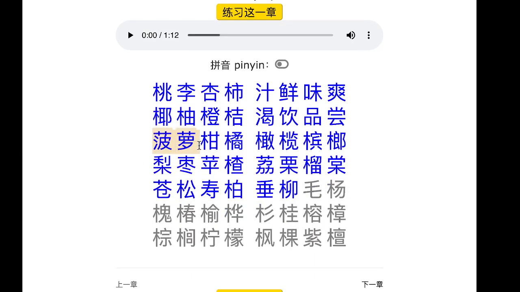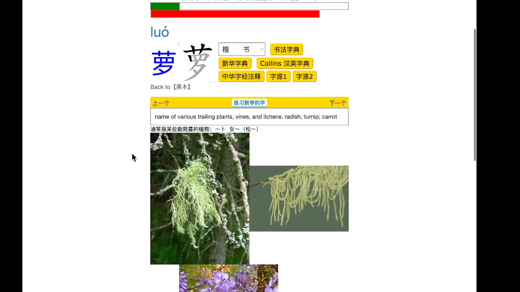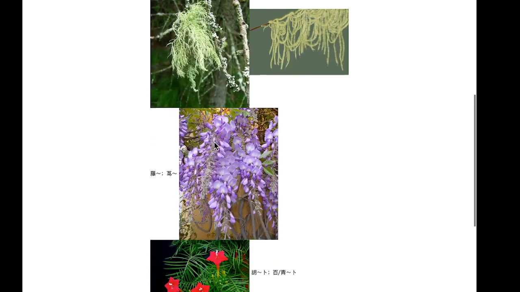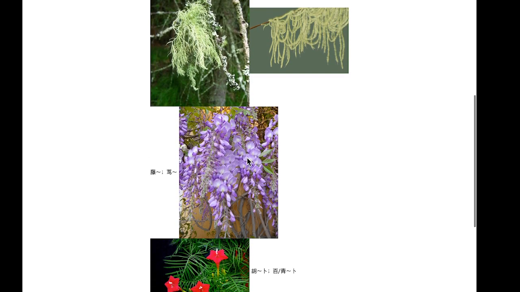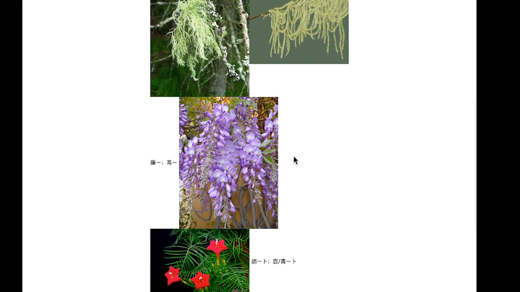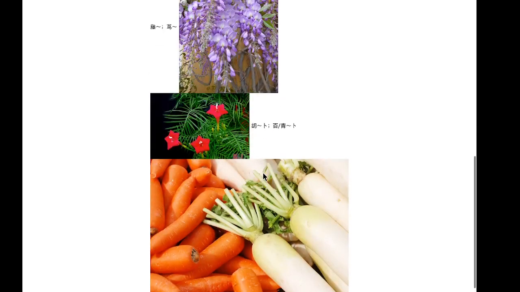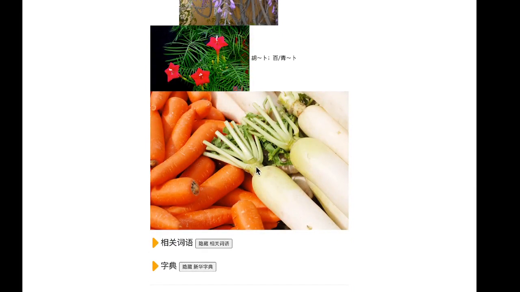菠萝 is pineapple. But 萝 is also used in the name of a variety of other plants. This is a beard lichen, which is not even a plant. Different category of organism. But what's common between all of these is that they're all vines or kind of creeping type plants. Except for these.